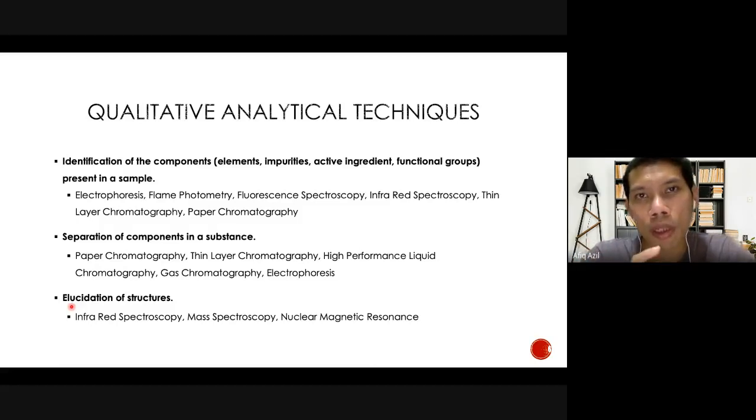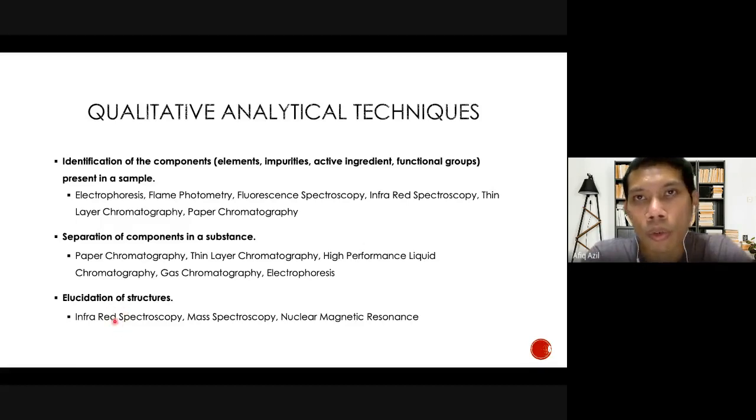Okay, if you still remember the qualitative organic compound analysis that you do in the lab session of organic chemistry, if you have the ability or the chance to use an instrument, okay, like IR, NMR, and mass spec, we can actually determine the exact structure of that particular compound, because IR will tell you the functional group without doing any tests, without using any chemicals.